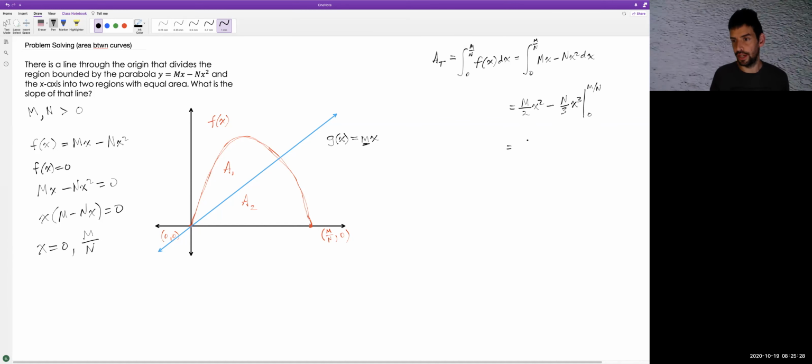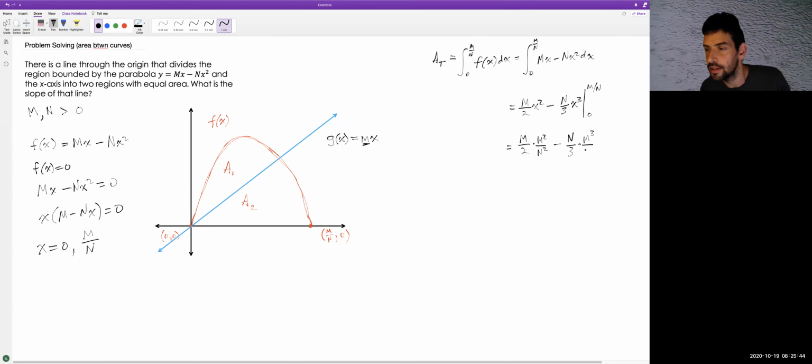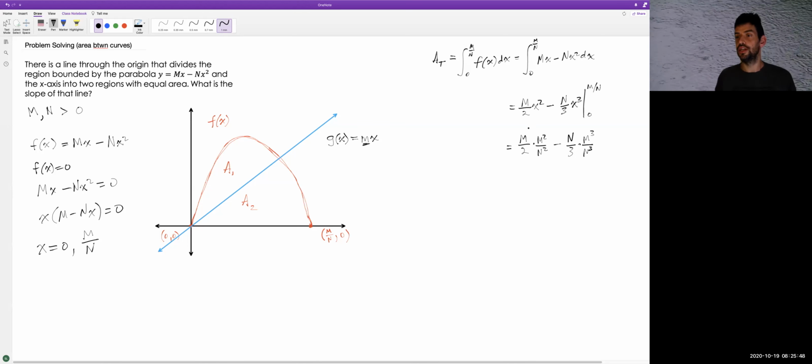So let's see, we'll have m over 2 times m squared over n squared minus n over 3 times m cubed over n cubed. That's putting in the m over n, minus evaluating at 0, but it's quick to see putting in 0 just makes this whole thing 0.